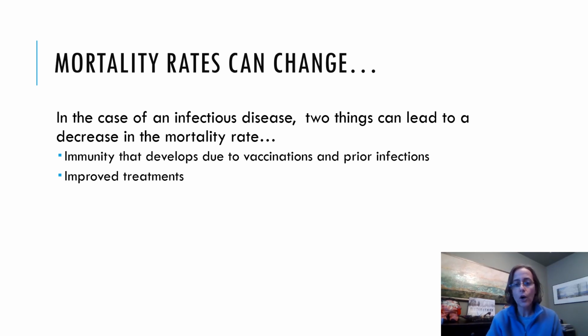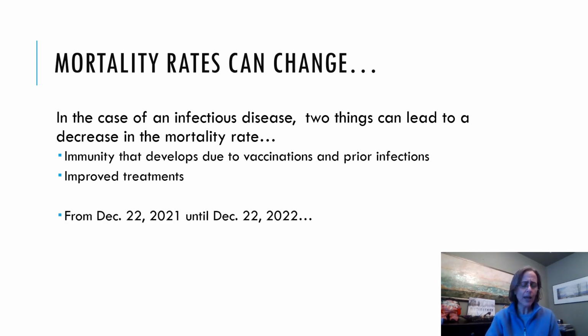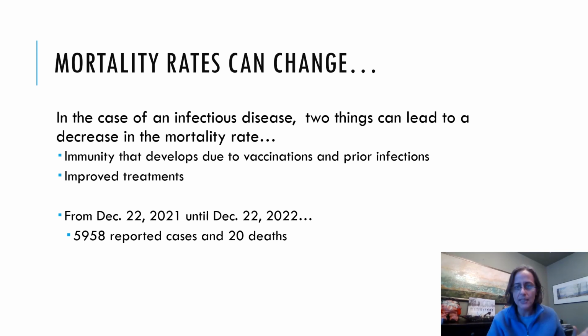So to come back to the COVID example, I looked at, okay, so what about this past year? What has our mortality rate from COVID been? It was 0.6% at this time last year. And now, since December 22nd, because today's December 22nd, so in the past calendar year, we have had 5958 reported cases of COVID and 20 deaths since that time.